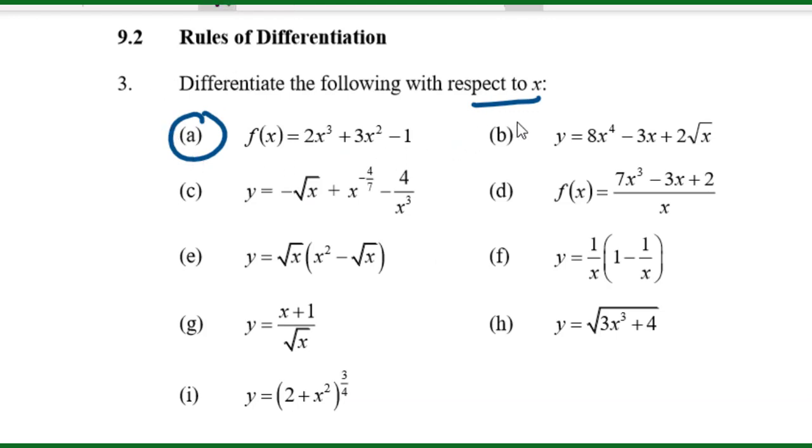For number 3B, differentiate with respect to x, given y is equal to 8x to the power 4 minus 3x plus 2 third x.